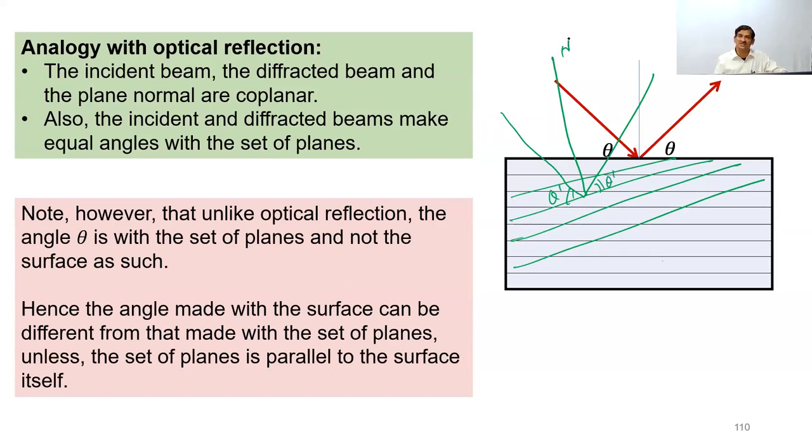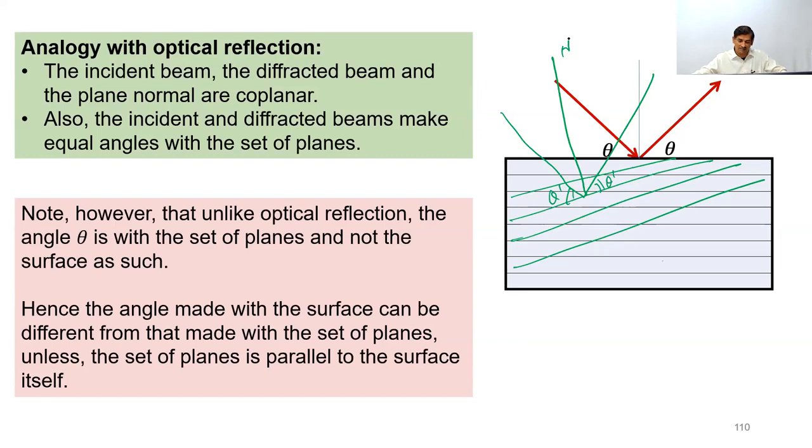So that's the key distinction between X-ray diffraction and optical reflection. It's not just a surface reflection. X-ray diffraction happens because of scattering by the internal crystallographic planes, which are filled with atoms inside the material. That is what actually helps us in analyzing crystal structures of materials.